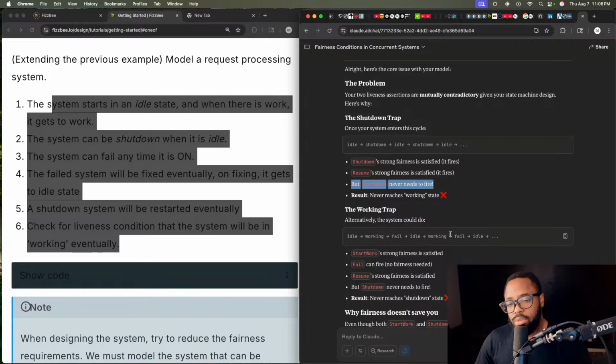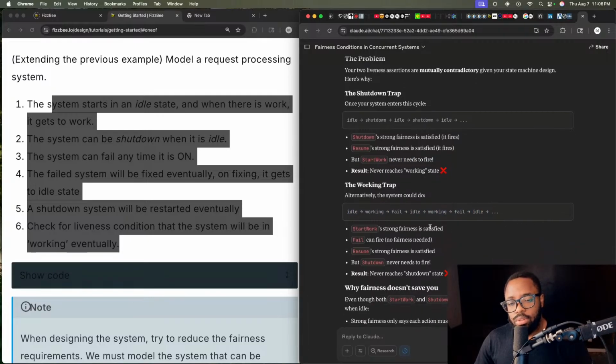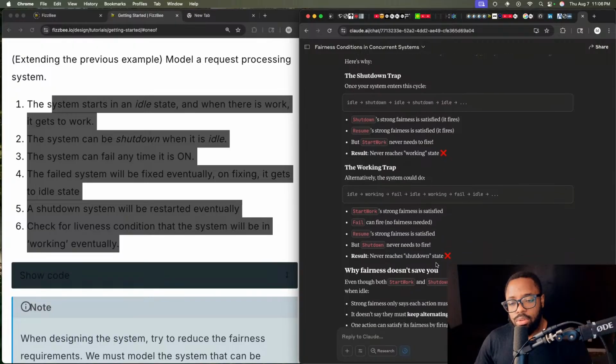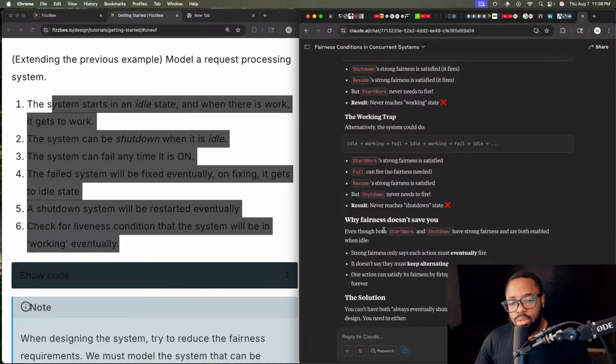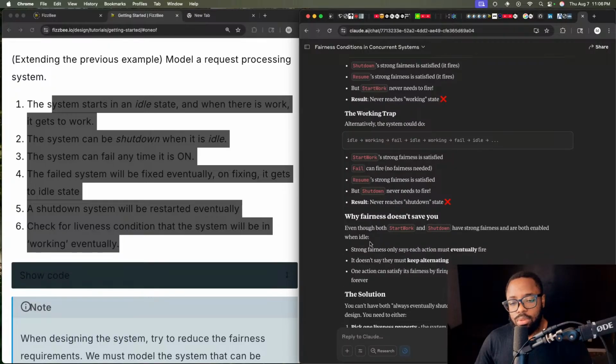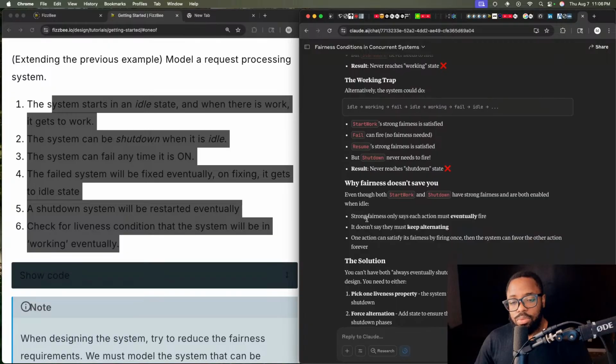I think we've been through this loop ourselves already. Fairness is satisfied, can fire. No fairness needed. Strong fairness satisfied by Chandler. Even though both sides have strong fairness and both enable when idle. Okay, I think I'm about to have a reveal for why.